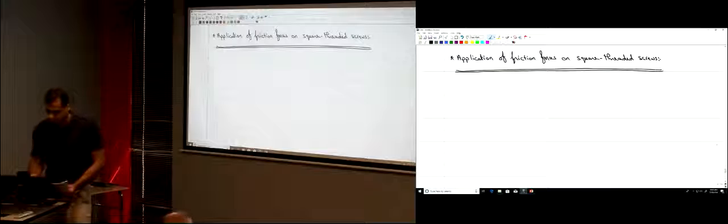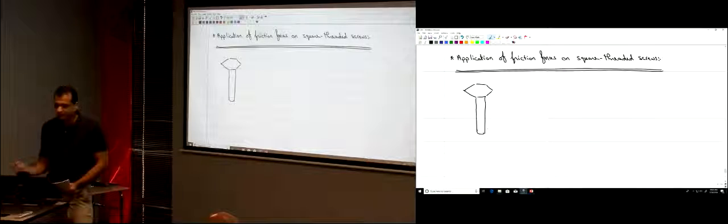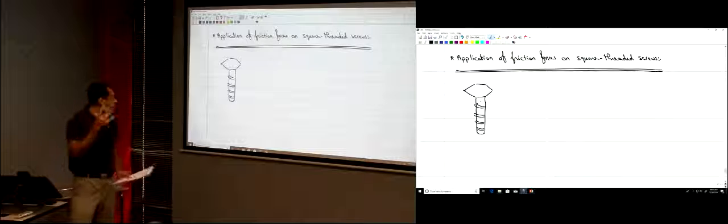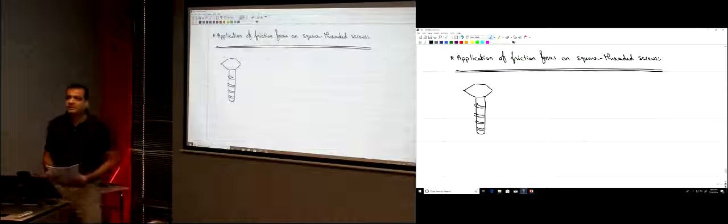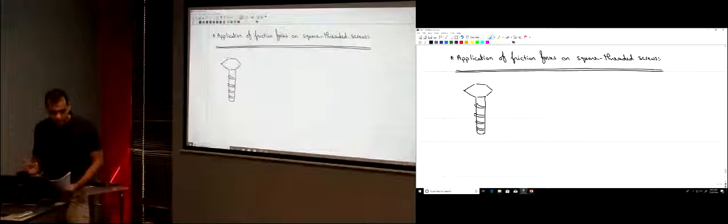I'm not so good at drawing those things, but I'm going to try my best here. What's a screw? You have something like this. Square threaded, you have some threads here on this screw. And what's the point of a screw? How do you use a screw?